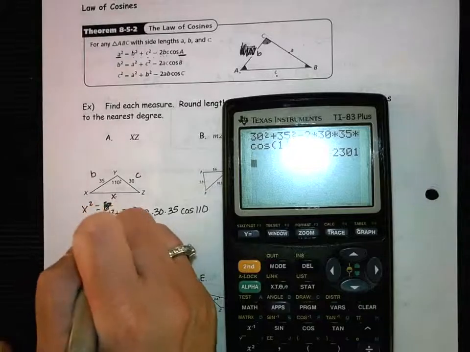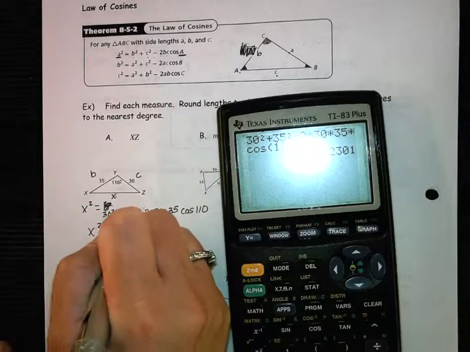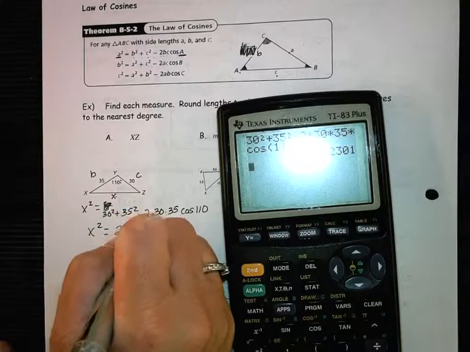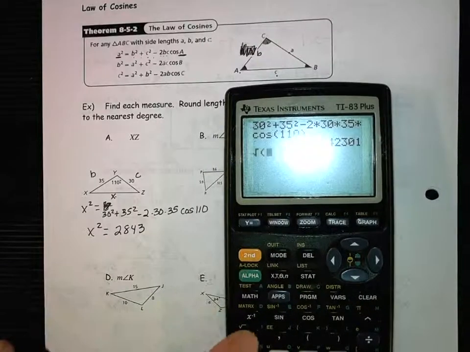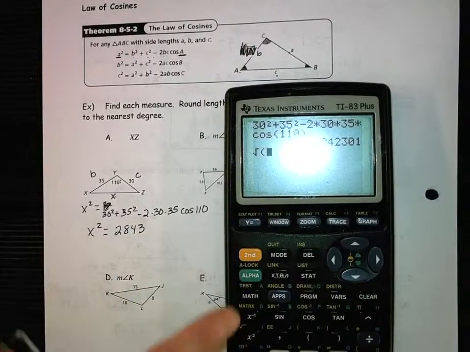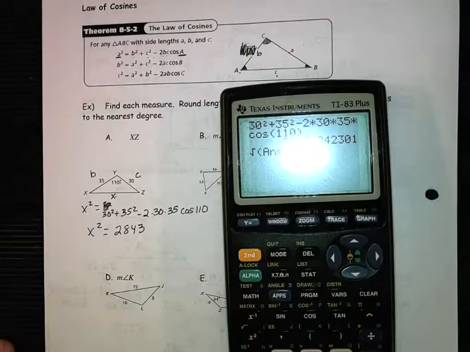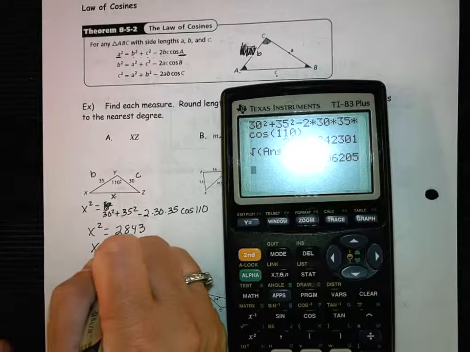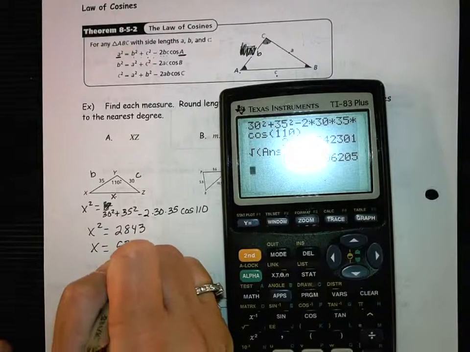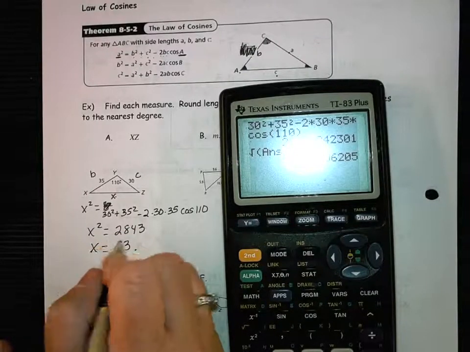And then we end up with x squared equals 2,843. We want to take the square root of that. So I do second square root, second answer, and we end up with that side equaling 53.3. I'm just going to call it 53.